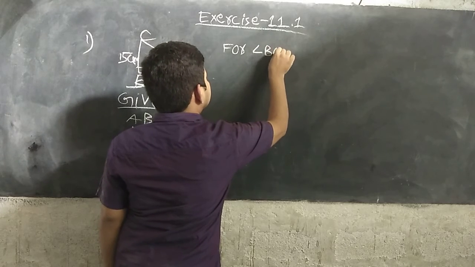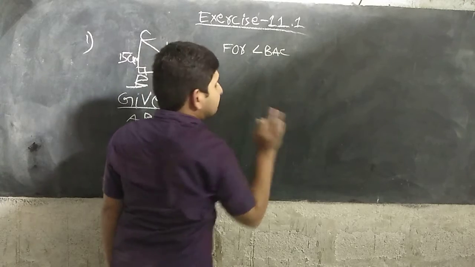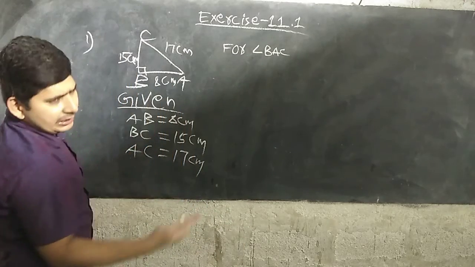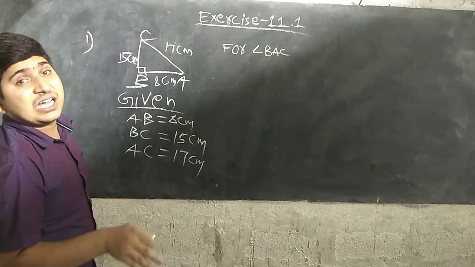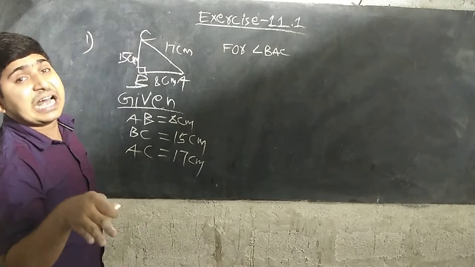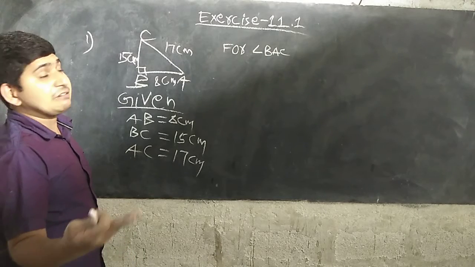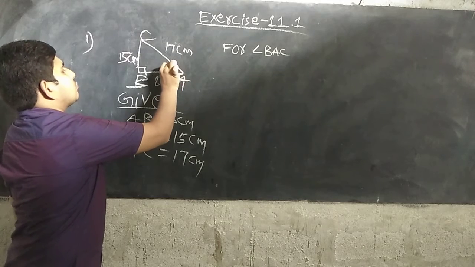For angle BAC equal to theta, we should not take theta here, because sin theta, cos theta, tan theta are ignored. You only need sin A, cos A, and tan A. For your convenience, if you keep A equal to theta also, no problem.